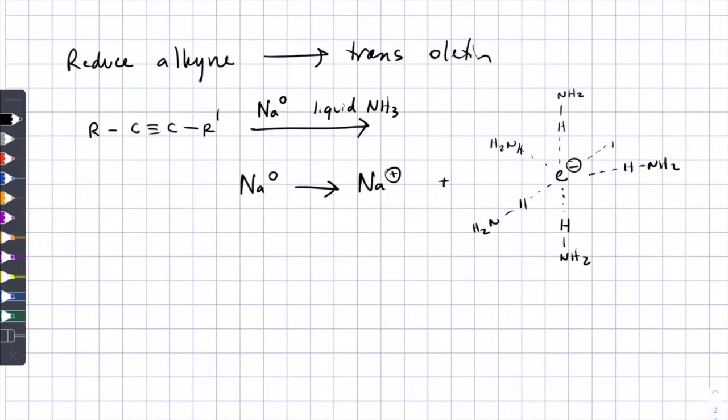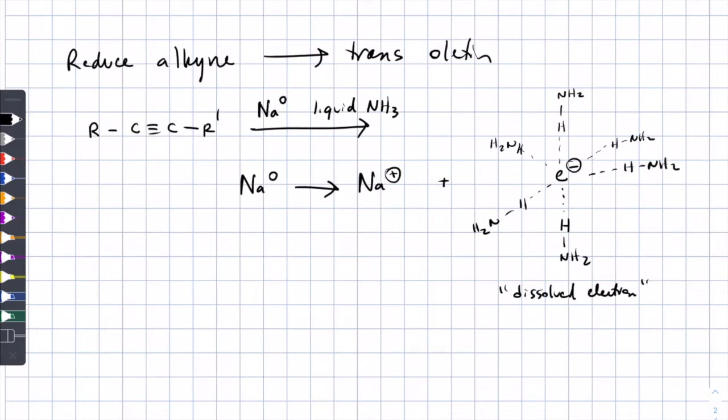But in any case, that dissolved electron is what gives the solution the blue color. So it's kind of cool if you wanted to know what an electron looks like. Well, it looks blue under these conditions, though you're not actually looking at a single electron, so there's that.